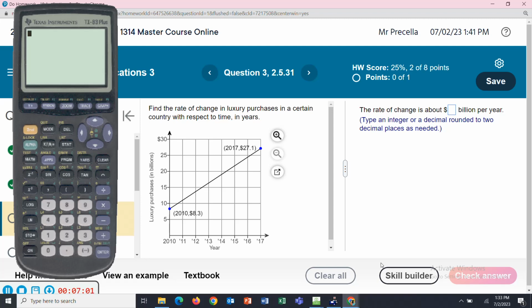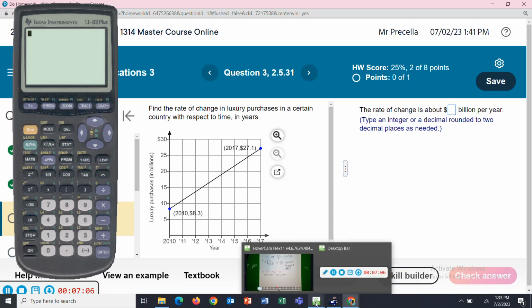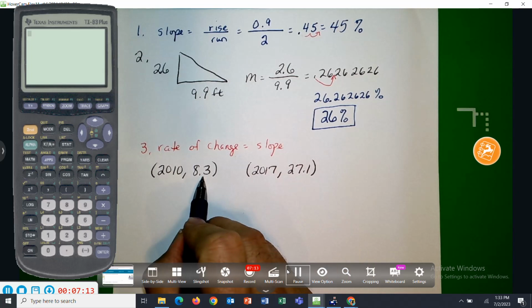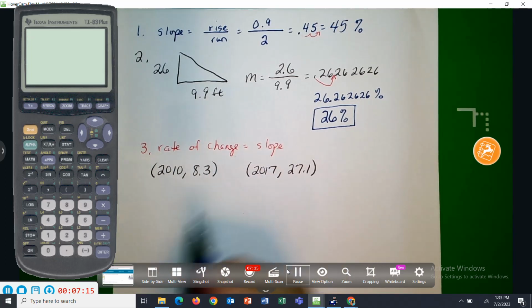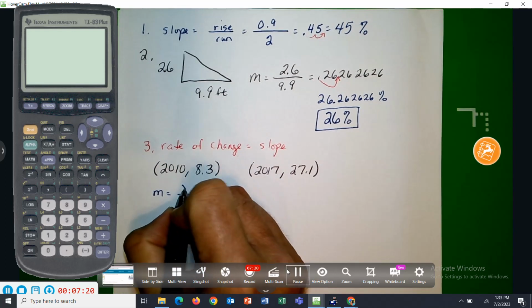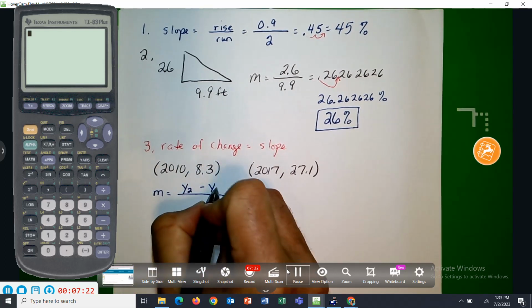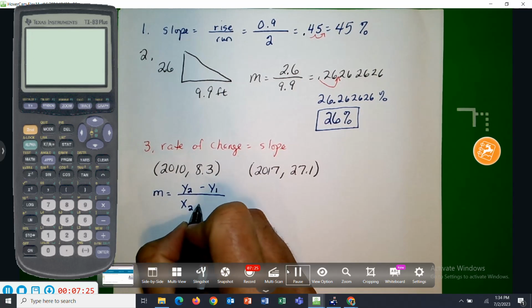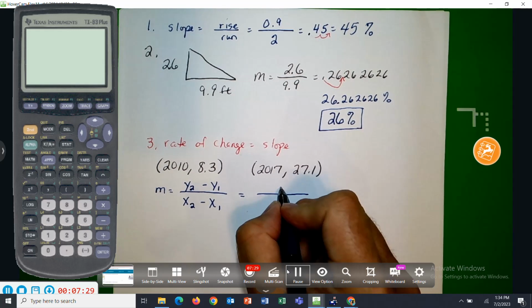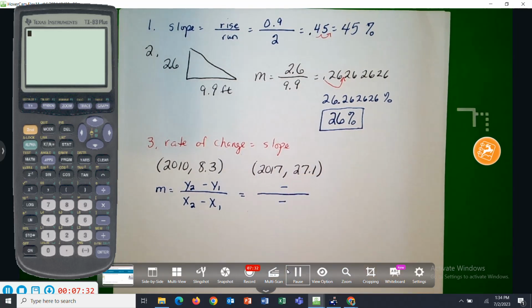How do we find the slope when we're given 2 ordered pairs? Well, the rise would be the difference in the y values, the run the difference in the x values. So hopefully I'll remember this formula. Second y minus first y over second x minus first x. When you subtract the y values, you're getting the rise.